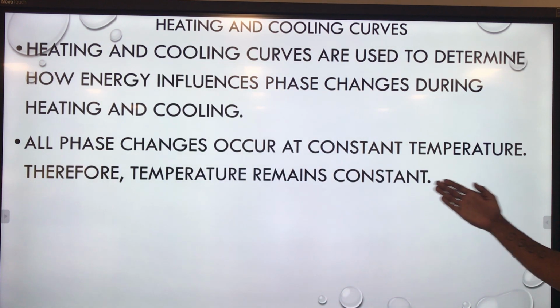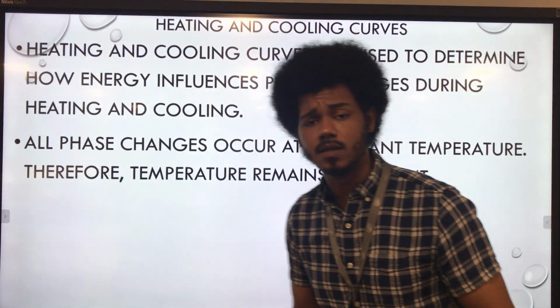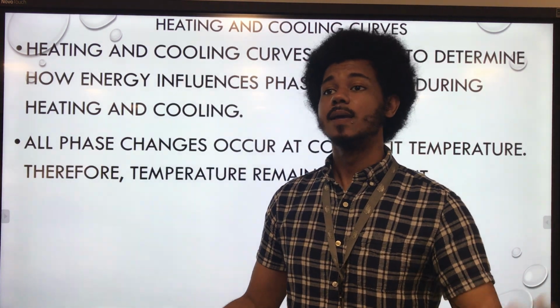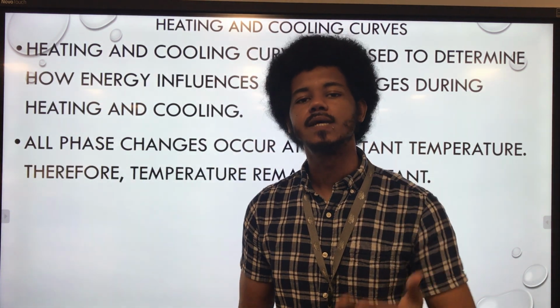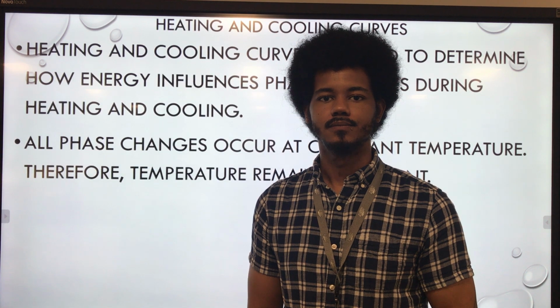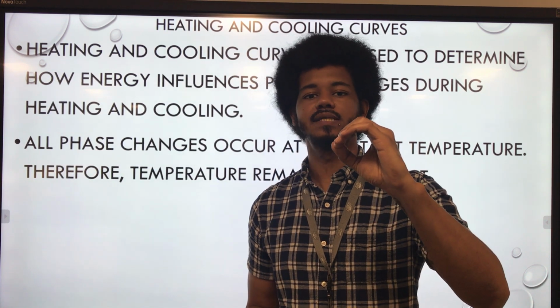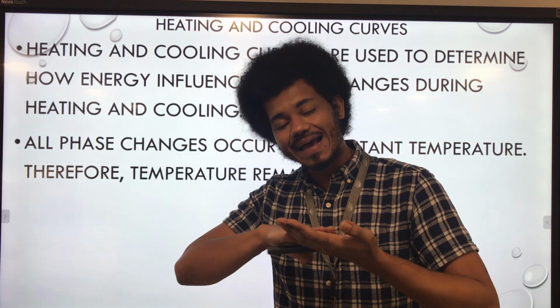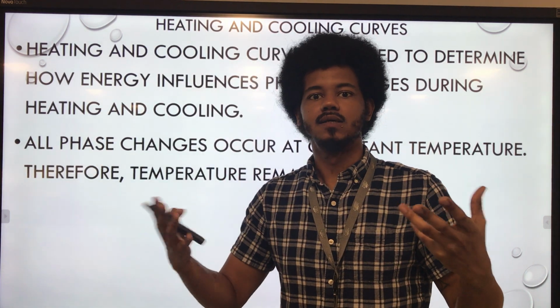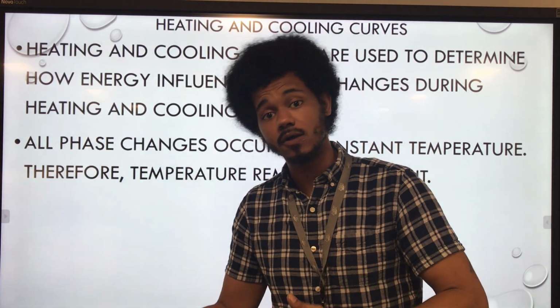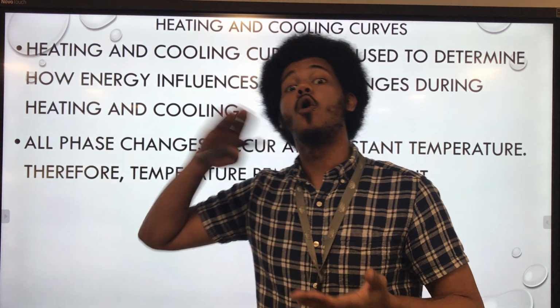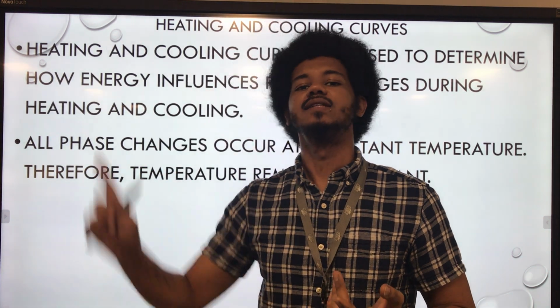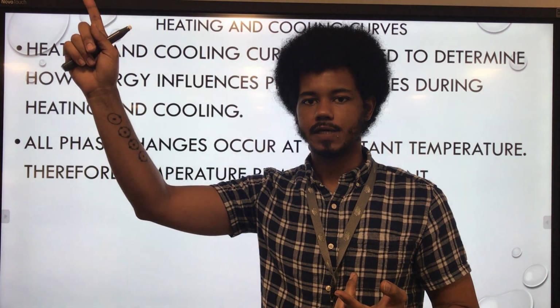Therefore, temperature remains constant. Again, when water is melting, if I have some solid water, ice, and it's melting, what temperature does it melt at? It melts at 0 degrees Celsius. So for the entire time that the solid water is melting, the temperature remains consistent until all of it has melted, and then the temperature goes up, okay?